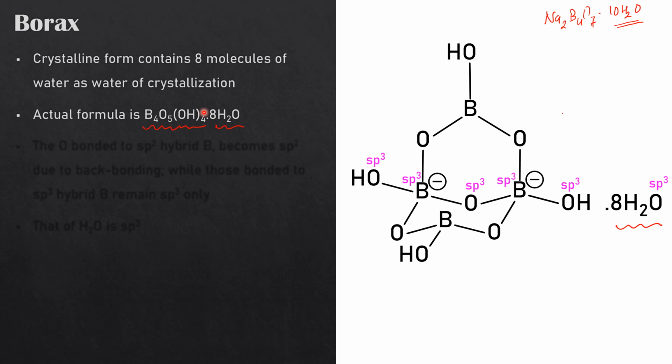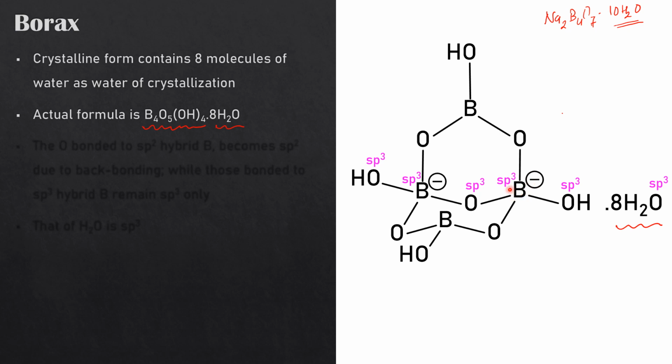Now we are going to see the borons. Here we have 4 hydroxyl groups present, so our compound is going to have 4 OH groups, and these OH cannot be attached to oxygen. These OH must be attached to boron atoms only.